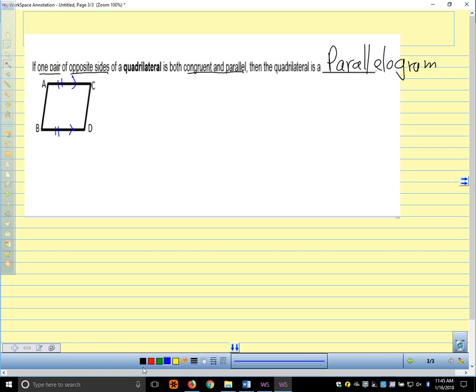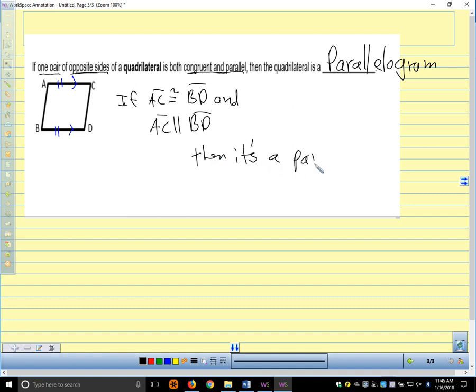And congruent. So in symbols, if AC is congruent to BD and AC is parallel to BD, then it's a parallelogram. So one pair of sides being congruent and parallel is enough to guarantee what we need there.